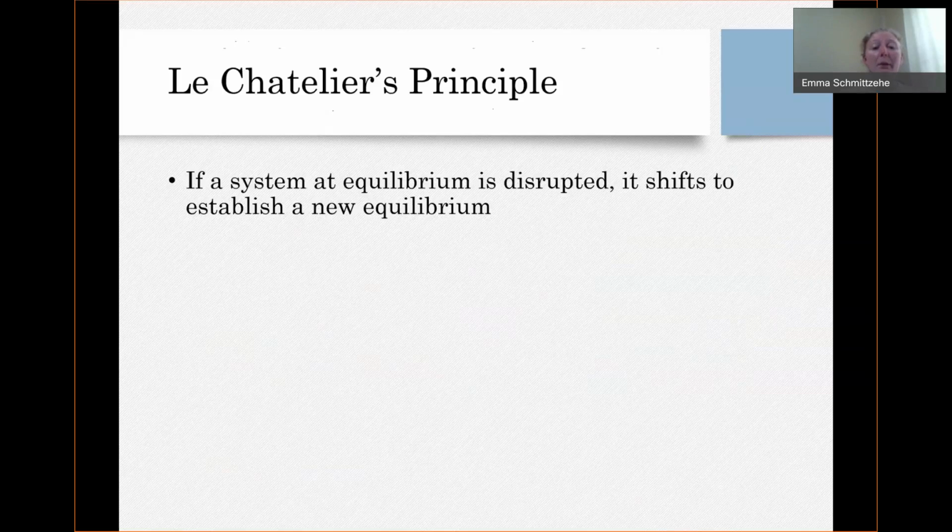What's going to happen when you knock it out of equilibrium is the reaction on its own will shift in order to reestablish the equilibrium. So you can kick it out of its happy place, but then it's going to find its way right back there.